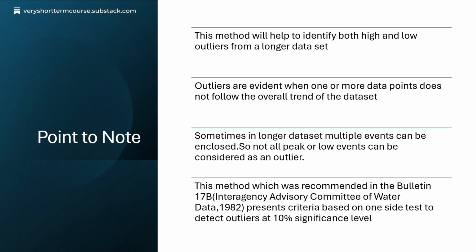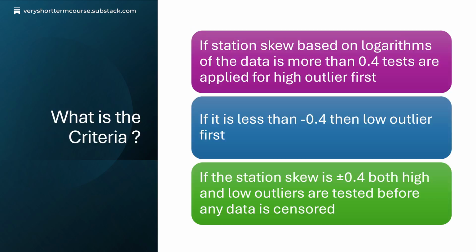And this method presents the criteria of detecting outliers at a significance level of 10%. Not 5% or 2.5%, but 10% significance level, it can detect the outlier.